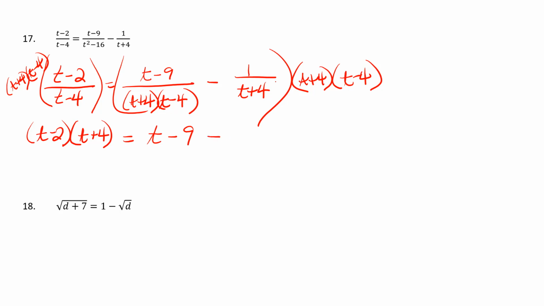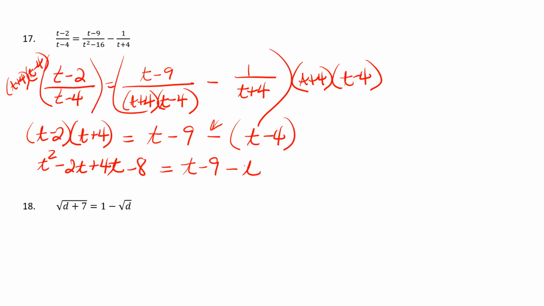And then for the second fraction on the right side, the t plus 4 is going to cancel, and we'll just be left with the t minus 4, which we need to put in parentheses so we can distribute this negative sign. So on the left side, we can multiply this out. t squared minus 2t plus 4t minus 8 equals t minus 9 minus t plus 4.